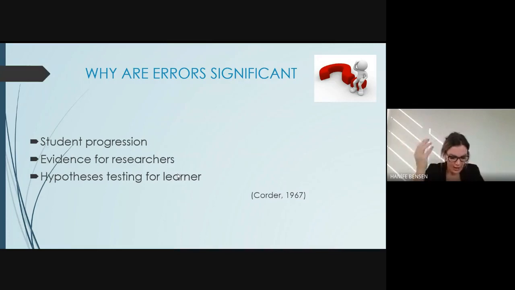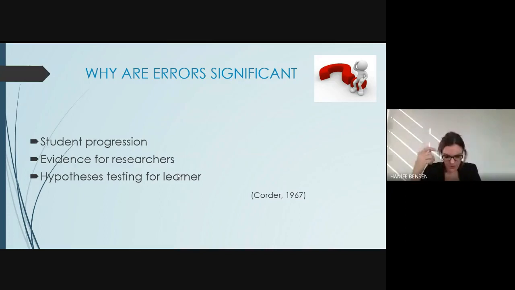Second, they provide to the researcher evidence of how language is learned or acquired and what strategies or procedures the learner is employing in his discovery of the language. So as a researcher, it shows us what the student knows and what strategies the student is employing to learn the foreign language.